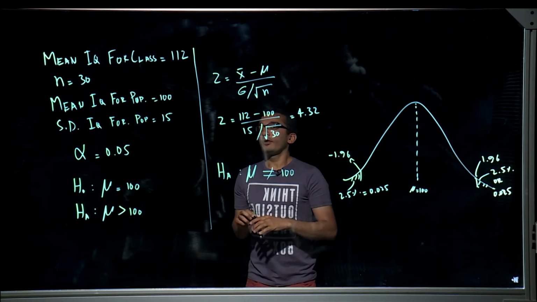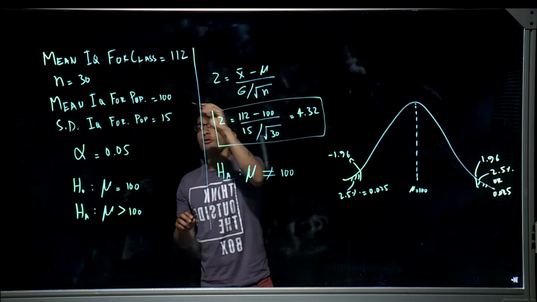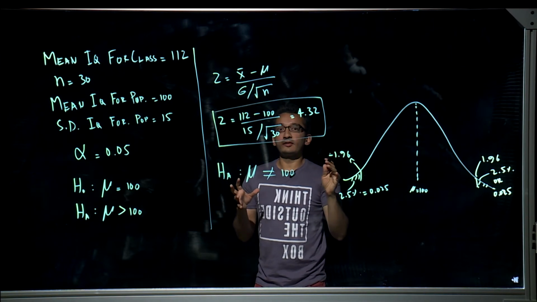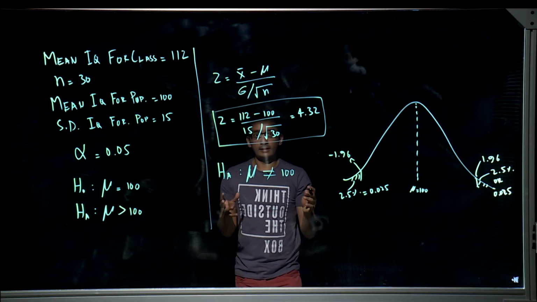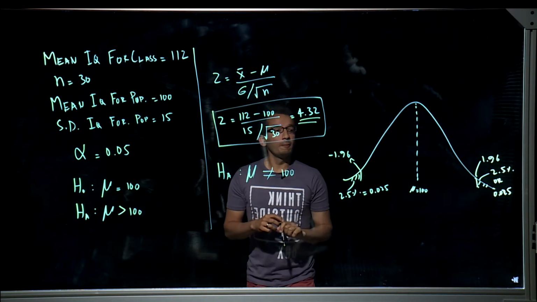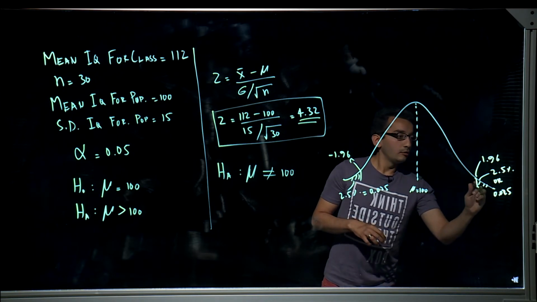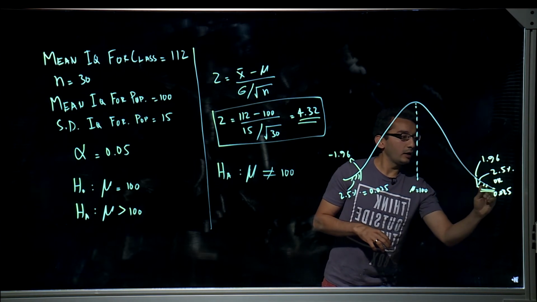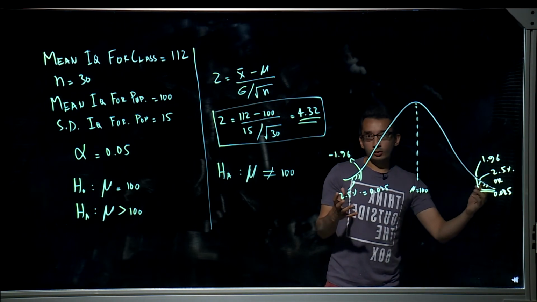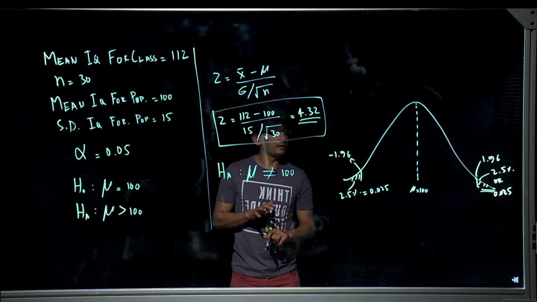So we have already calculated the z-score given the information that we had. The z-score is not going to change. The z-score will remain the same whether it's a two-tailed or a one-tailed test, which is 4.32. And we can easily see that this 4.32 falls in this area over here, right of 1.96, which is one of the two areas of rejection in this case of two-tailed hypothesis testing.